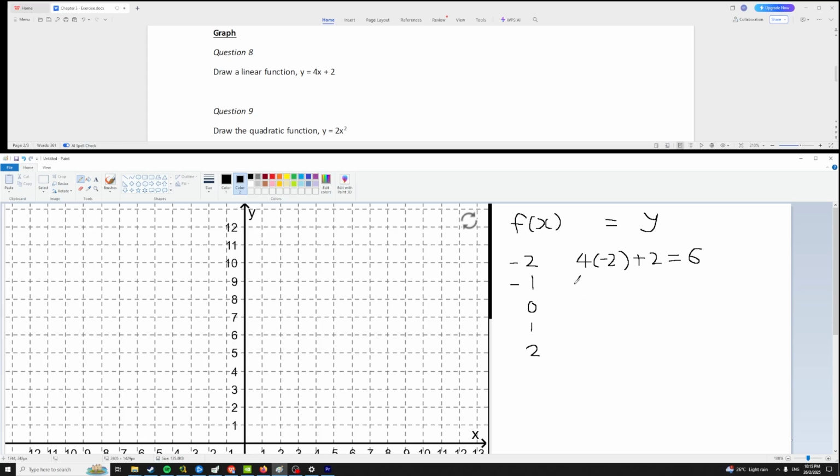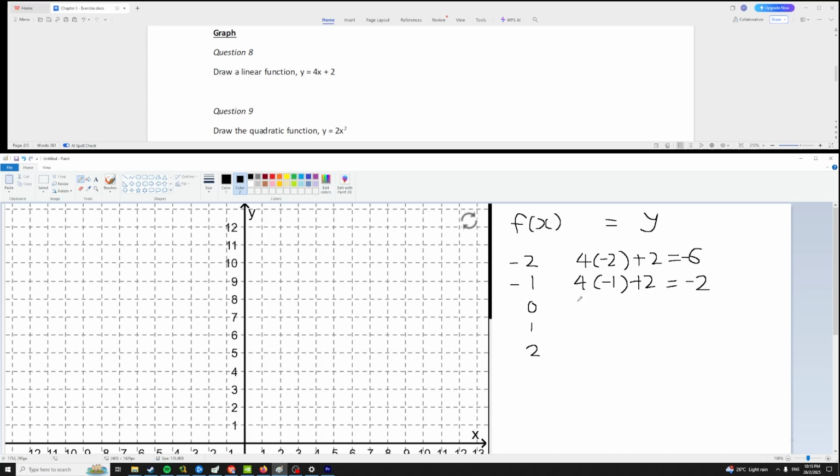Then for -1, -4 plus 2 is -2. Sorry, I forgot the negative sign earlier.